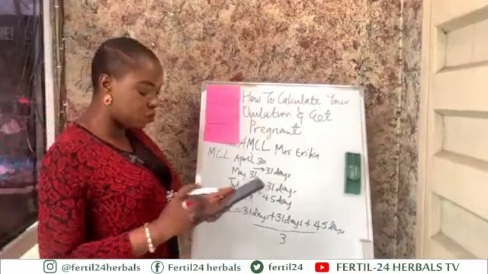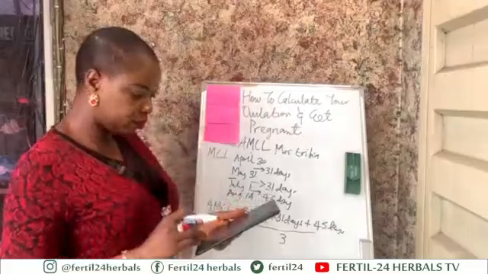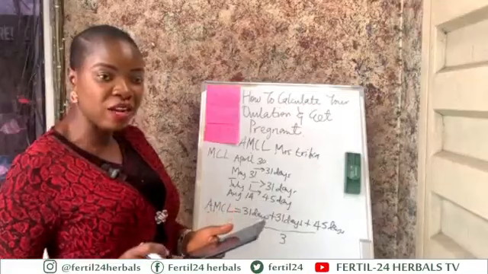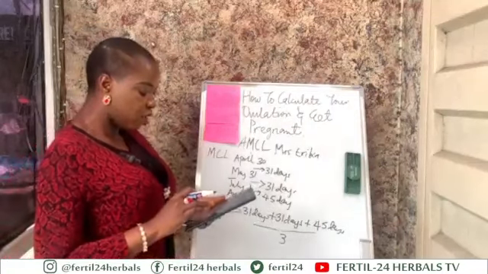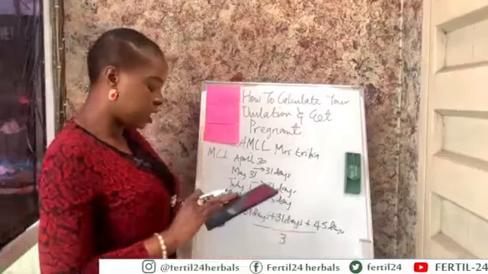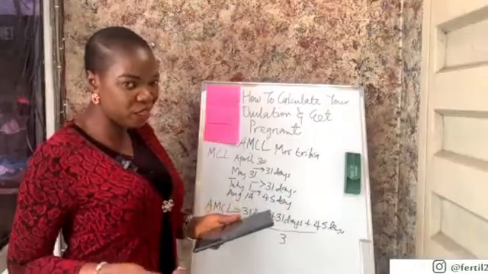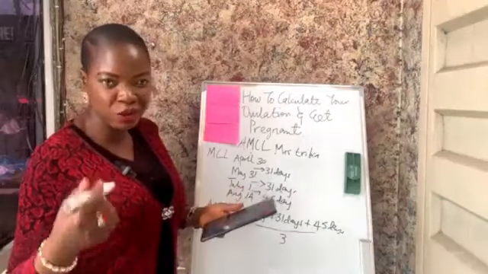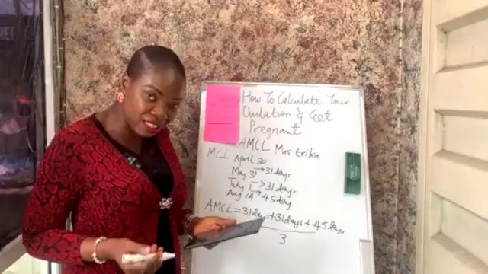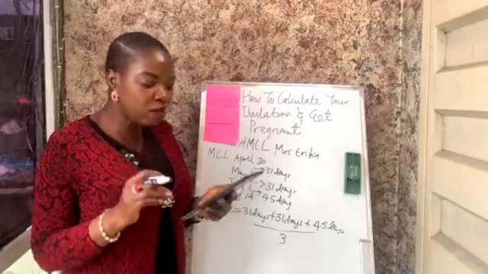Now let's go to your calculator, right? We are going to just add this up. Use your calculator. Don't just guess. Use your calculator because you have to get it right for you not to miss your ovulation day. So you must get it right.